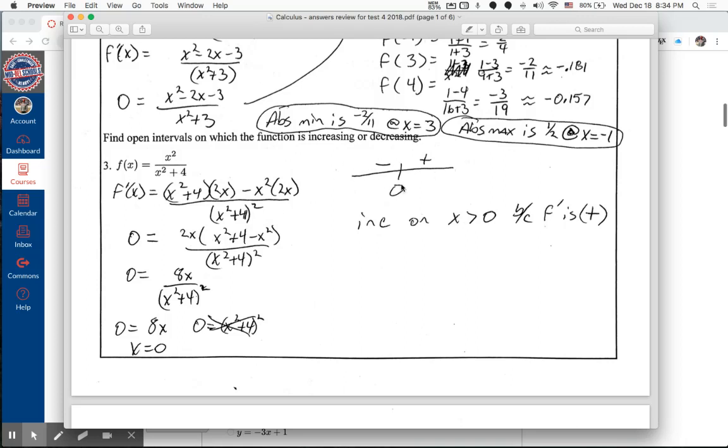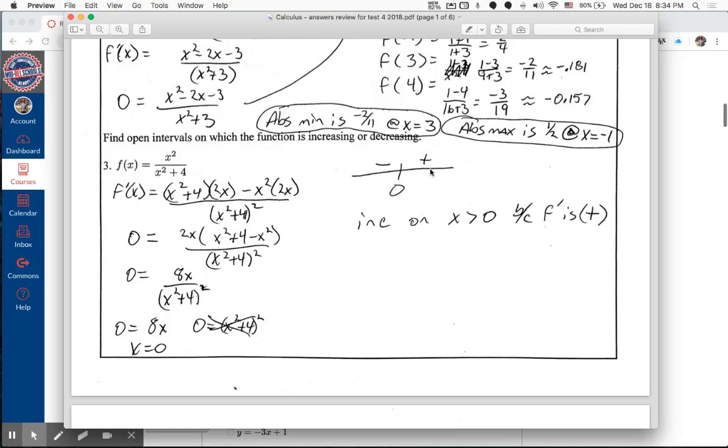Anytime I'm doing a sign line, remember you need to plug that into the derivative. So the bottom, I think we talked about this one in class, the bottom is always going to be positive, so all I care about is the top. So something on the left of 0 is going to make my numerator negative, so that's why I'm negative. Something on the right of 0 is going to make my numerator positive, so that's positive.